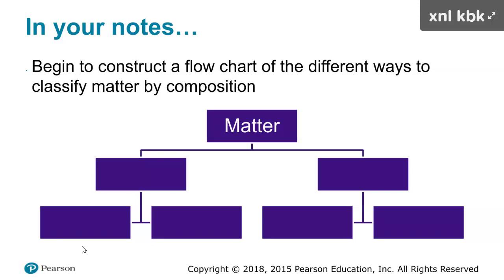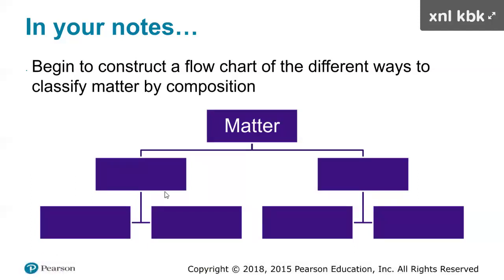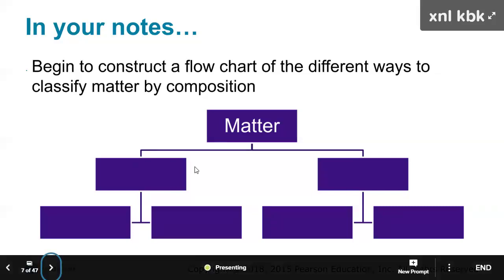If you don't, try to keep things up on paper. We're going to make a flow chart to discuss how to classify matter based upon composition, not just on form.